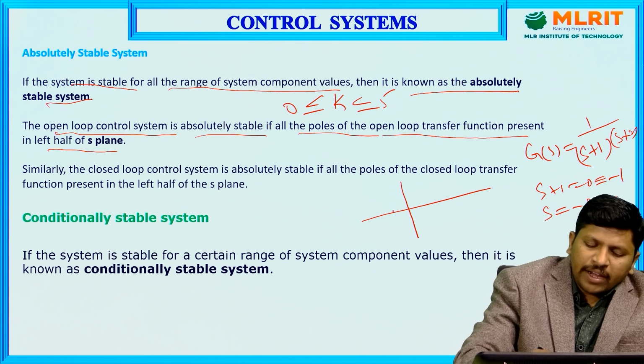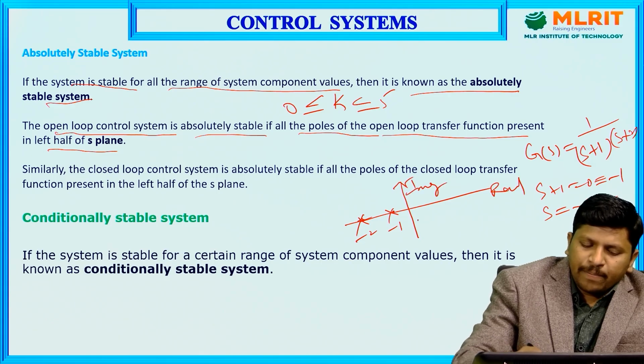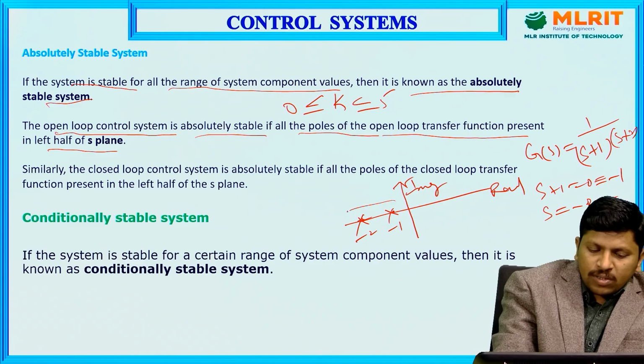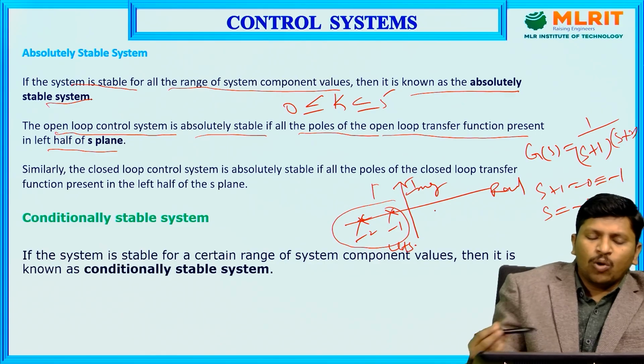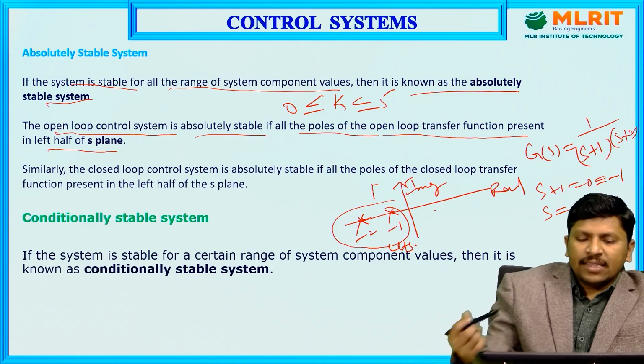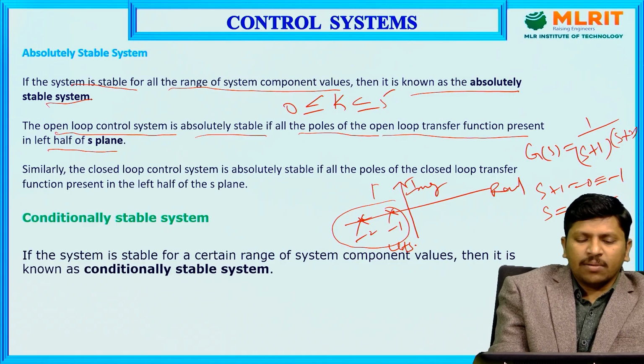Representing minus 1 and minus 2 here on the real axis, with the imaginary axis. These two poles are present in the left half of the S plane of this open loop control system, so this type of system is a stable system.